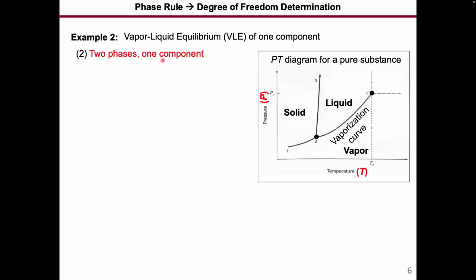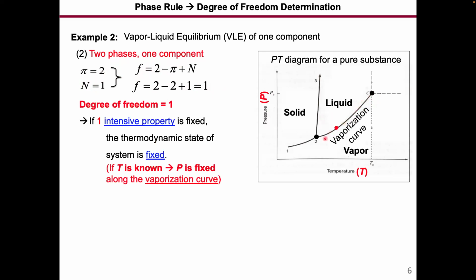Okay, so two phases, one component. So pi is equal to 2, n is equal to 1. You plug in, and you will calculate F is equal to 1. So here, if you are on this line, then you really just need to know one intensive property so that you can fix or define the thermodynamic state.